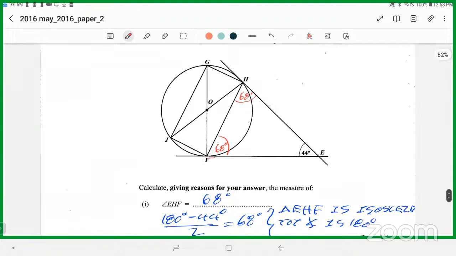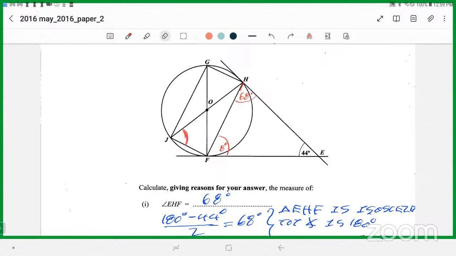So now we have a situation: angle between a tangent and a chord. The 68, so the chord subtends 68 up here. This angle is also 68.